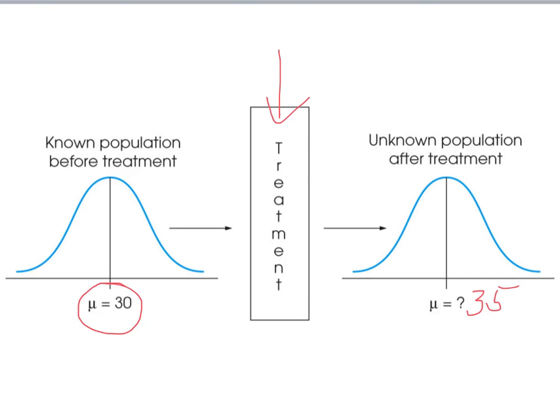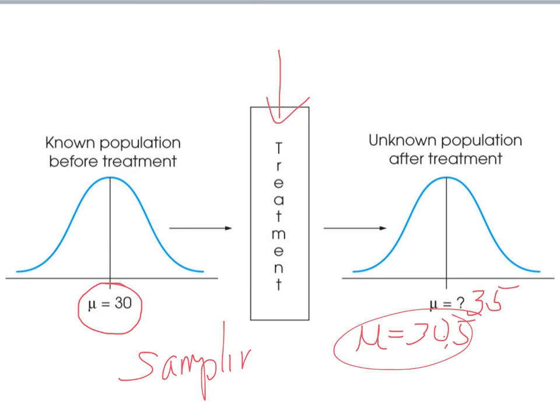On the other hand, if after the treatment our sample mean is very close to the population mean and we project a population mean from our sample of 30.5, we would say this difference of 0.5 is simply due to sampling error, and we would not reject the null hypothesis. Same kind of decision making that you used in the previous chapter.